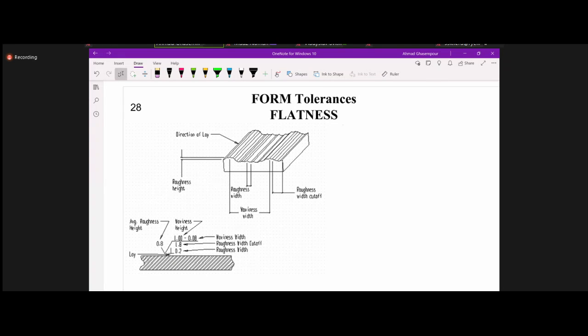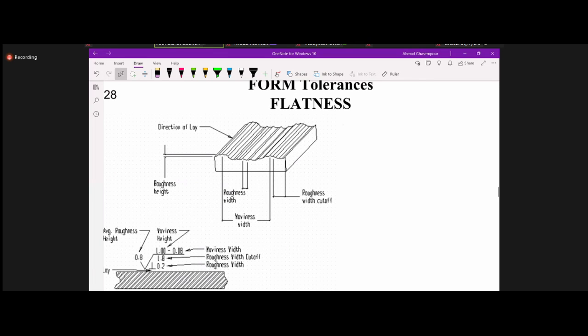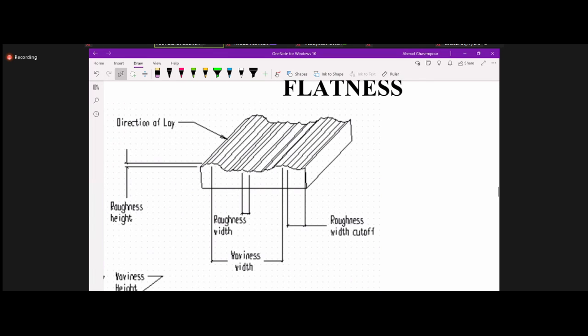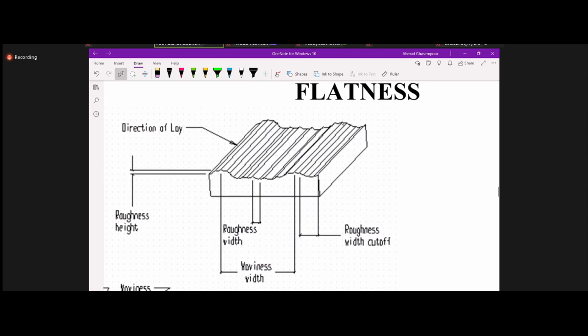Flatness is at a larger scale. So if you look at this simulated surface, roughness is these modulations, whereas flatness is these modulations, right?